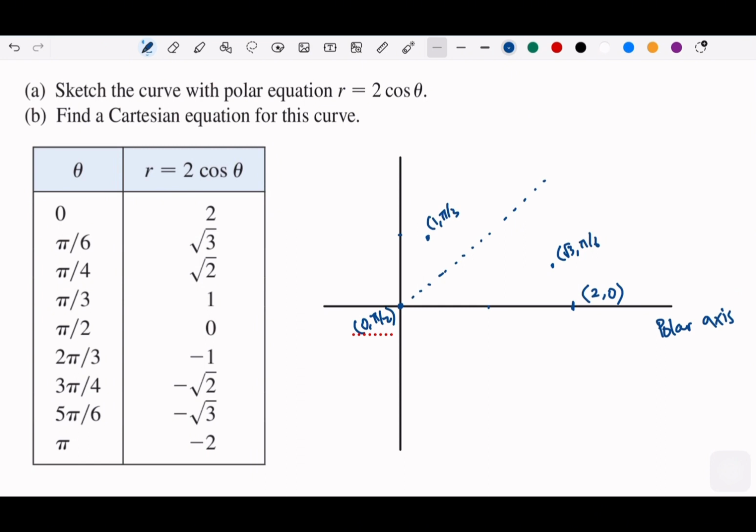This is perfectly here. I think my proportion is a little bit off, so this should be a little bit higher here, maybe here. And now, after pi over 2, we move to 2 pi over 3.